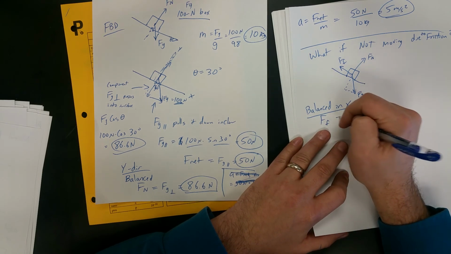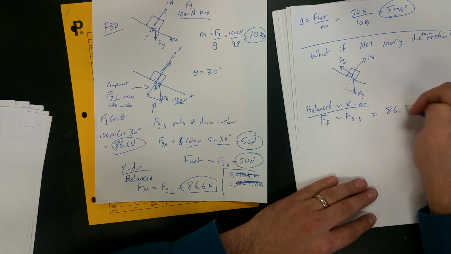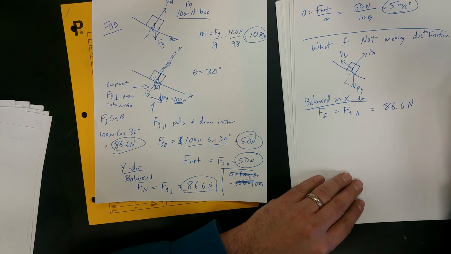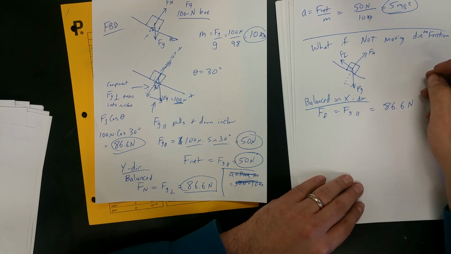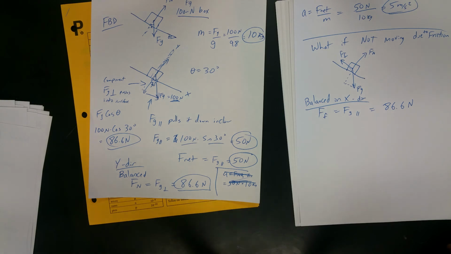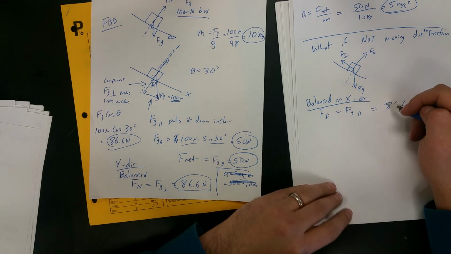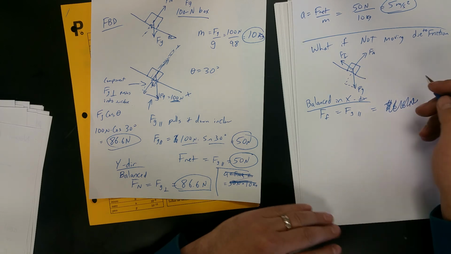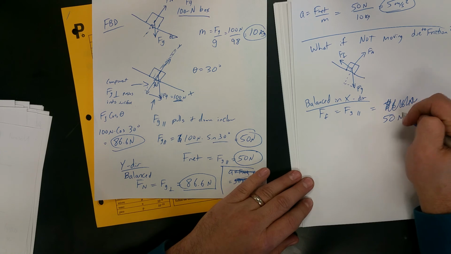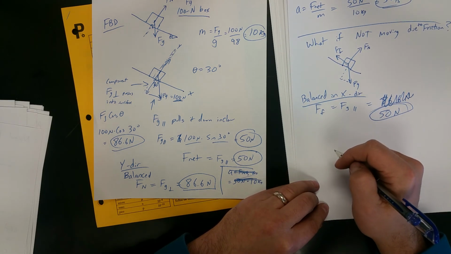Well, that tells you your frictional force, because it's now balanced in the x direction as well. So your frictional force has got to be F sub g parallel, which is 86.6 newtons. What did I do wrong? Okay, sorry. F sub g parallel is 50 newtons. That didn't feel right. So that means your force of friction is 50 newtons.